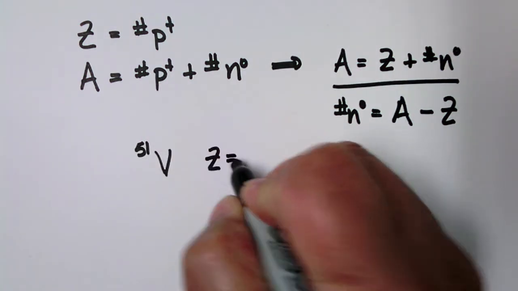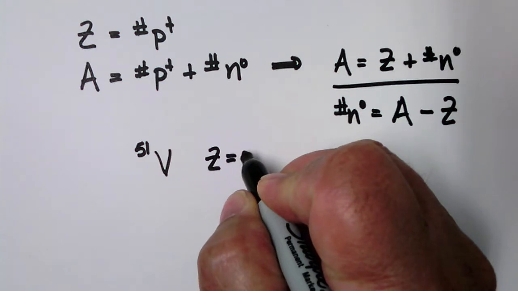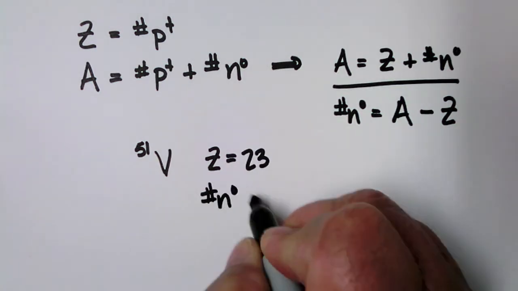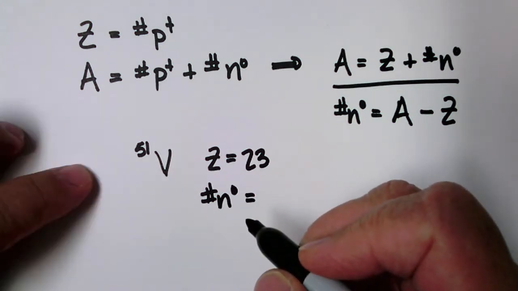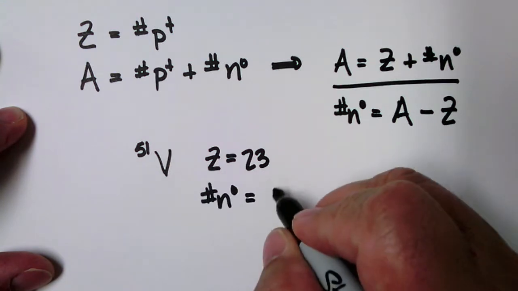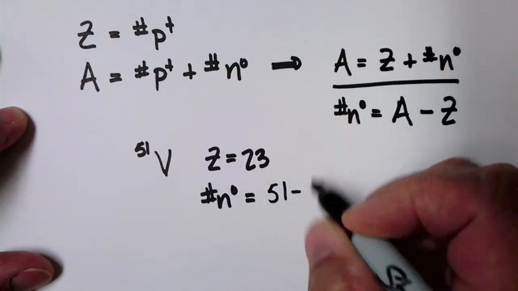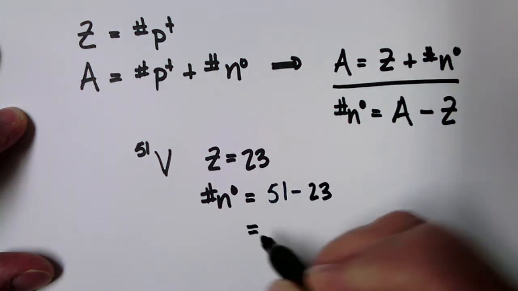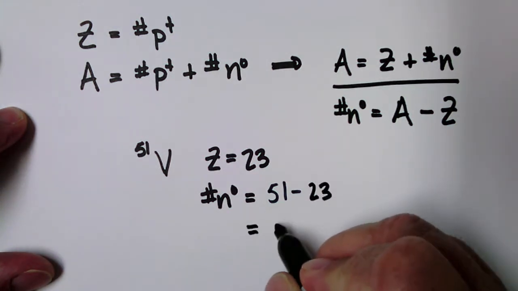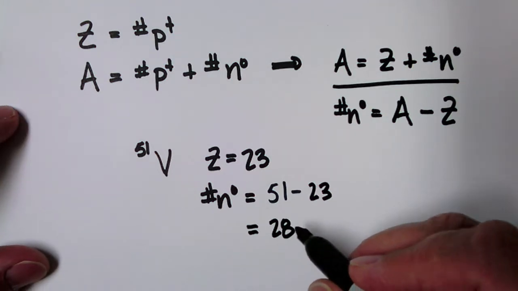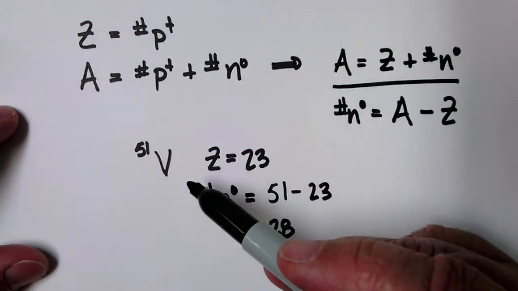We know that Z is equal to 23. The number of neutrons that are contained in the nucleus will be the mass number 51 minus the atomic number 23, and so that's going to be equal to 28 neutrons in the nucleus of the vanadium 51 atom.